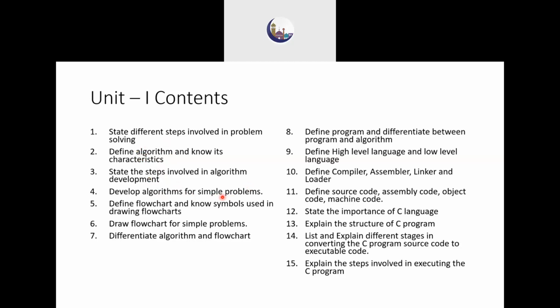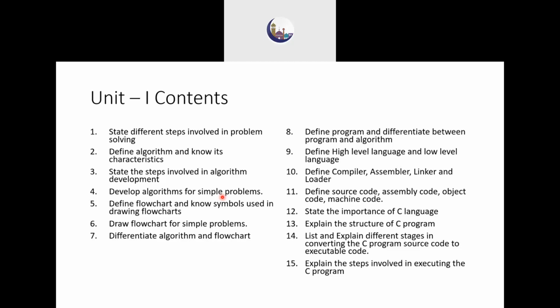And then, algorithms are basically written in natural language, like the English language. Step by step, you will write. In the first step, you want to do something. In the second step, you want to do this thing, and then third step, and then fourth step, and so on. But if you want to put it on paper and present it to someone else, then you want to depict it, draw it.